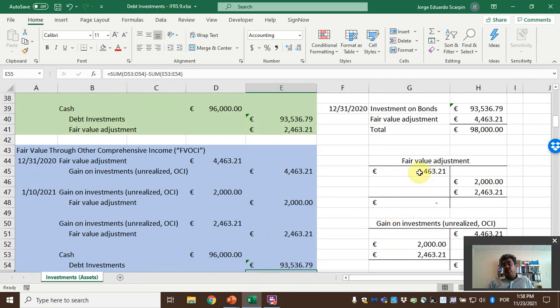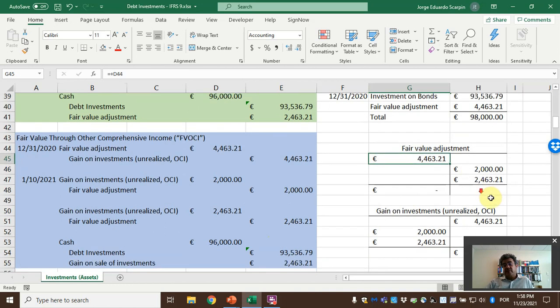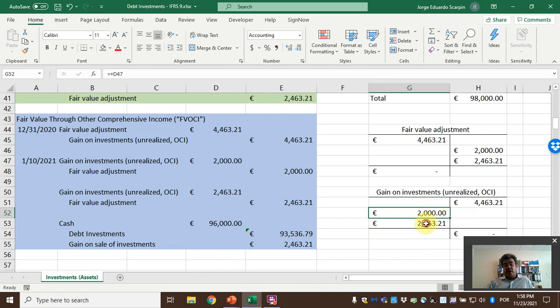So we would be moving the first 4,000 gain, the second a loss, so we combine, it's nothing. So here we are moving this first gain minus this loss, so a gain of 2,463, they are here.